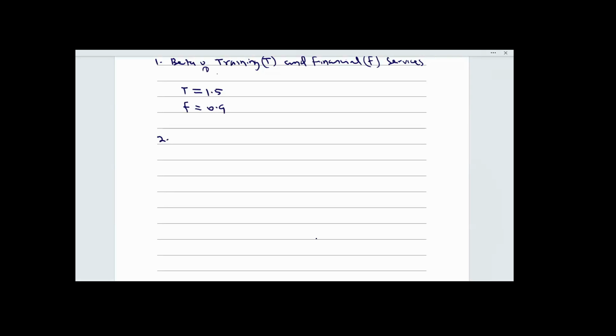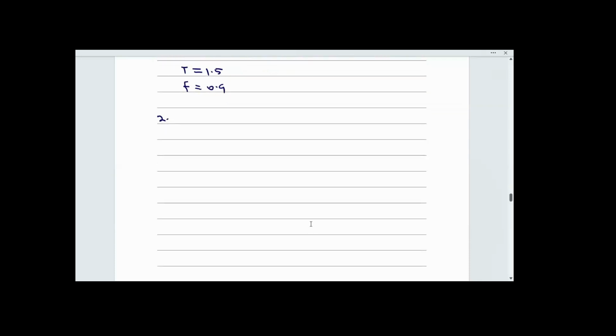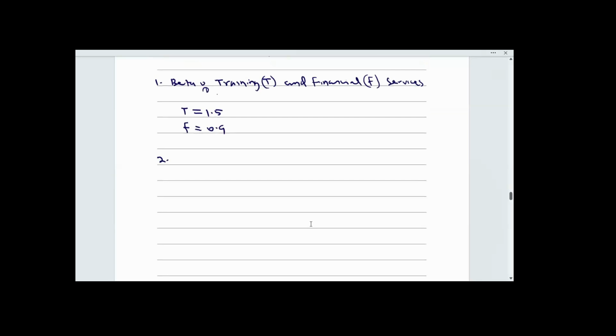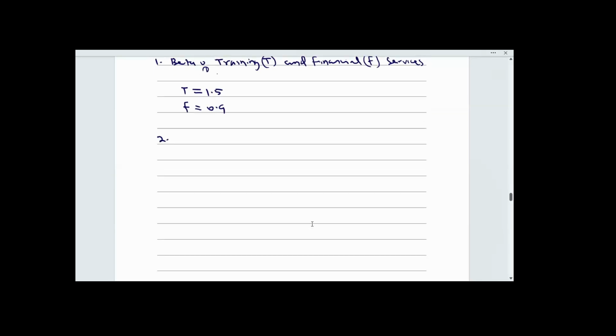If there is debt associated with each of the activities, these betas are geared. The examiner has given you gearing ratios of 12% and 25% for training and financial services, so these betas are geared. So we need to ungear them.